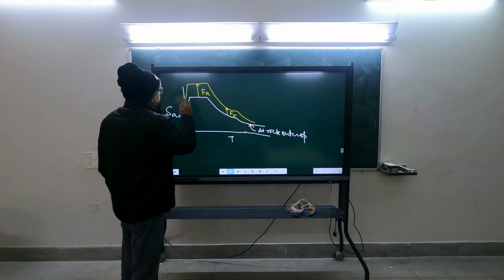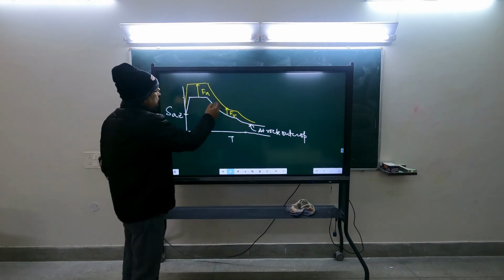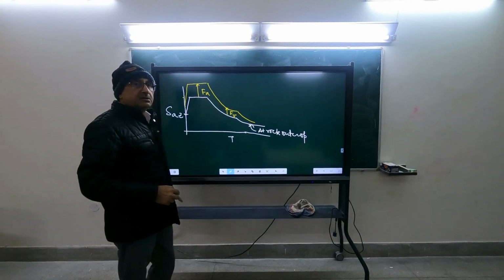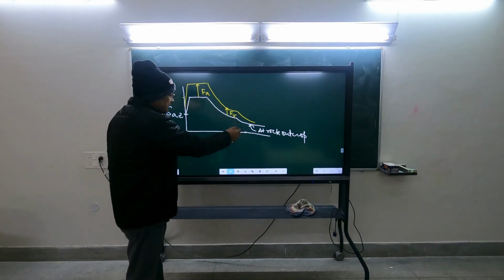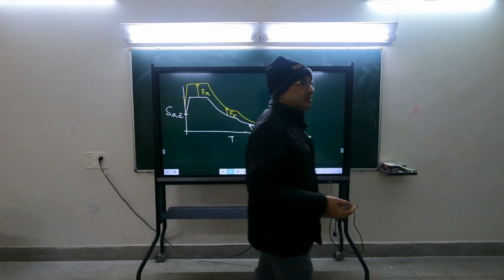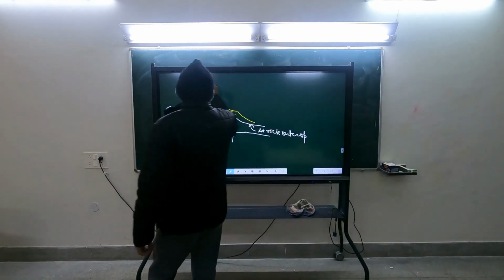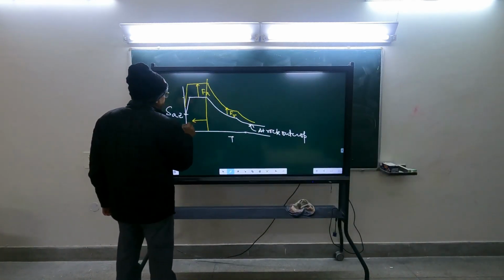This constant portion will be multiplied by FA, and this portion, the constant velocity range and the displacement range, both will be multiplied by FV. So this amplification in short period and long period is not the same. Up to this point it is called the short period range.